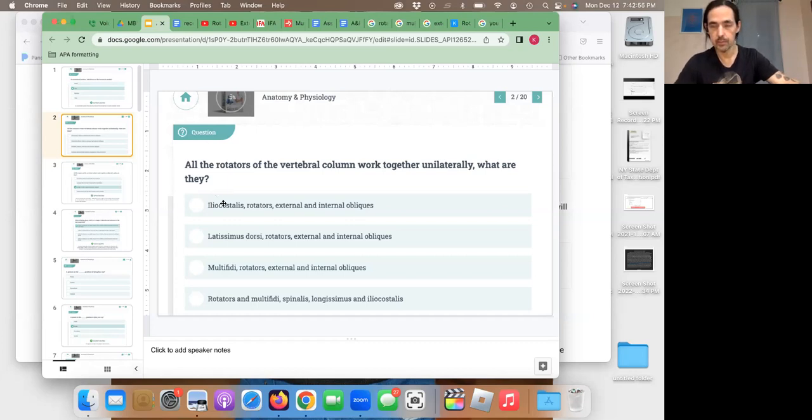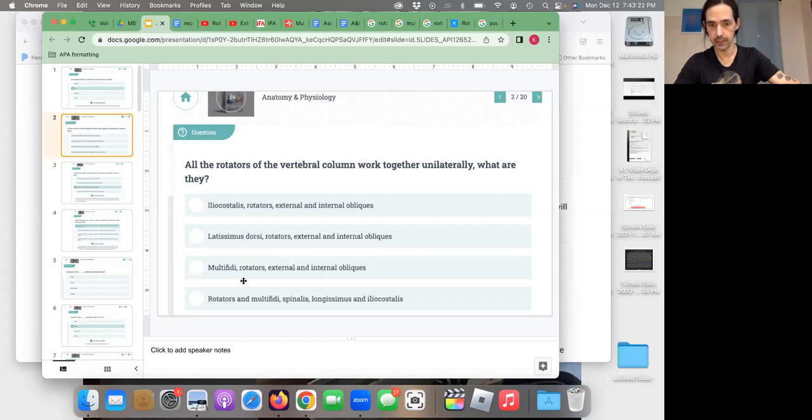Iliocostalis, picture the muscle in your mind. Iliocostalis, rotators, external and internal obliques. Latissimus dorsi, rotators, external and internal obliques. Multifidi, rotators, external and internal obliques.